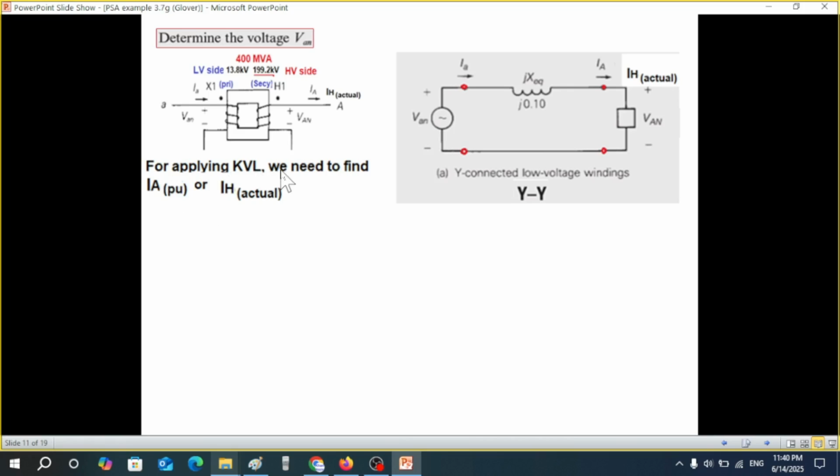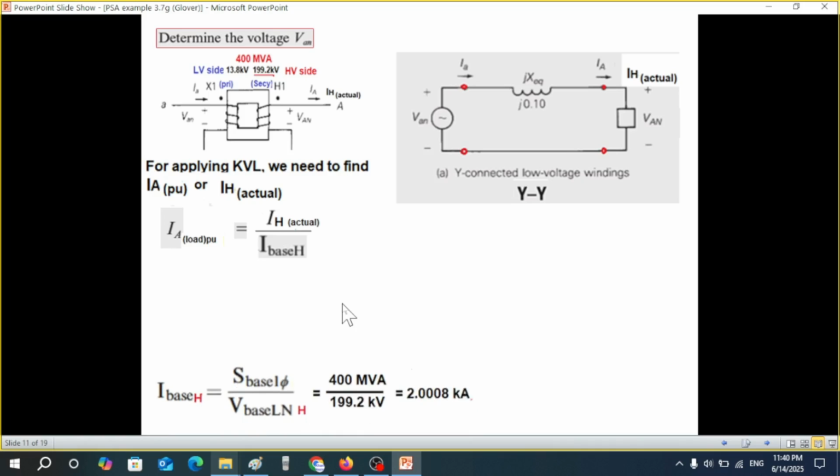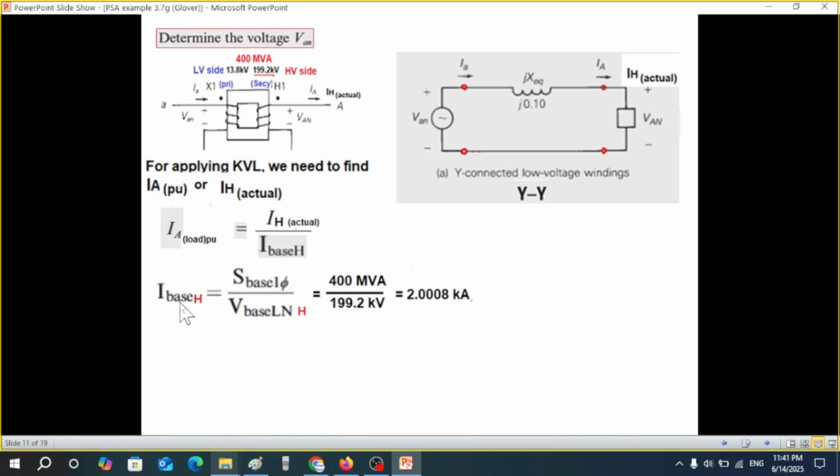Now to apply KVL, we need to find the value of the current here. It could be the IA PU current or the actual value of the current. We are calling it I high actual. And to find the PU current through this load, we need the actual value divided by the base value, IH actual divided by I base high. Now, how much is I base high?